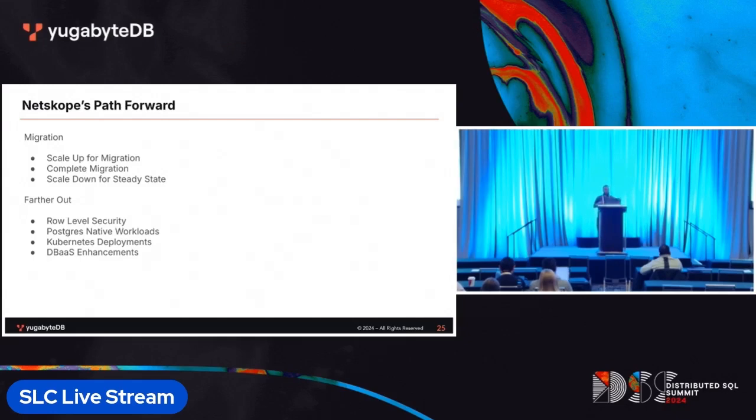I think Karthik mentioned this: the Postgres native workloads are very interesting to us. Early on in our distributed SQL journey, what we found is there was a barrier to adoption, and that barrier was having to adjust your schemas to optimize for a distributed SQL system. For our CASB API workloads, we did optimize those for distributed SQL.